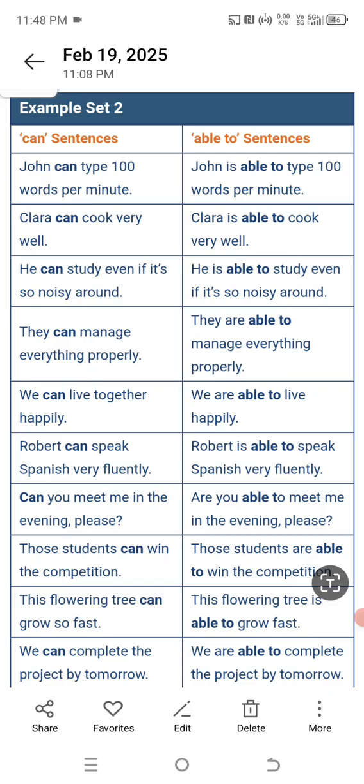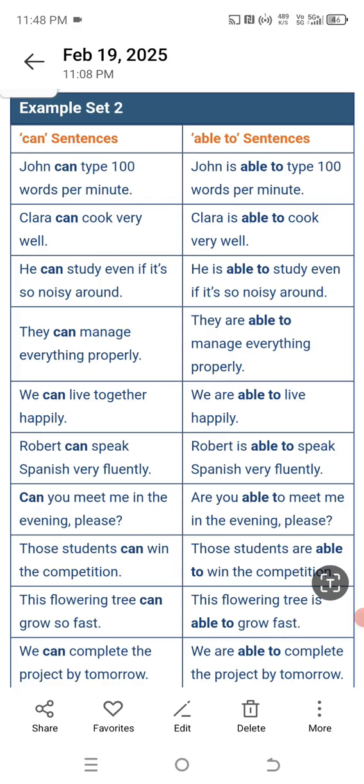Here John is a third person noun, that's why we have to use "is" from the to be's forms. John is, then we should remove the can from the sentence and use able to, and then write the remaining part of the sentence as it is. In this way, the answer of this example is John is able to type 100 words per minute.